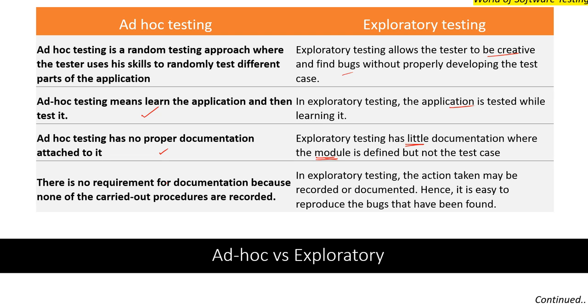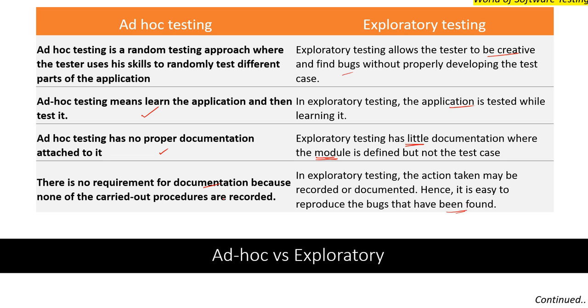In case of ad hoc testing, there is no requirement for documentation because none of the carried out procedures are recorded. As the procedures and the test cases are not recorded, we can say that in ad hoc testing there is no documentation requirement. In exploratory testing, the action taken may be recorded or documented. Hence, it is easy to reproduce the bugs that have been found.